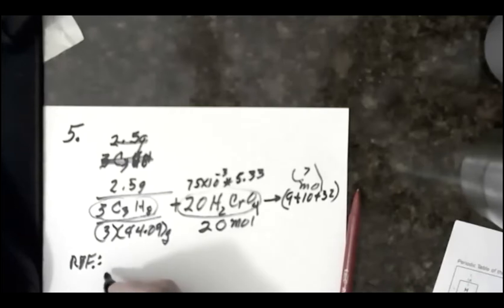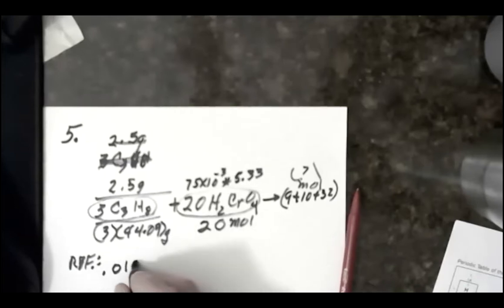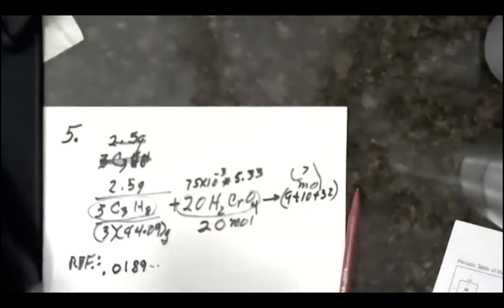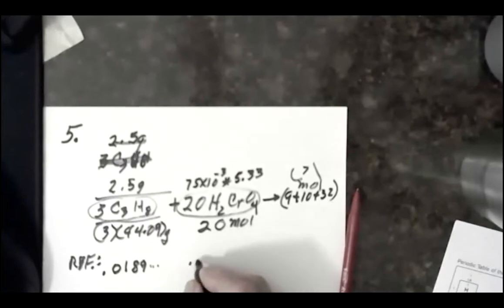This first rebalancing factor I'm getting to be 0.0189 and some other digits. 75 with an exponent of minus 3 times 5.33 divided by 20. I get 0.01998 and some other digits.